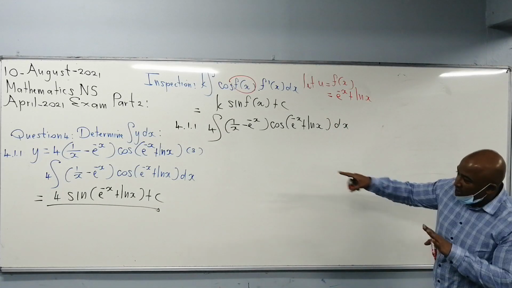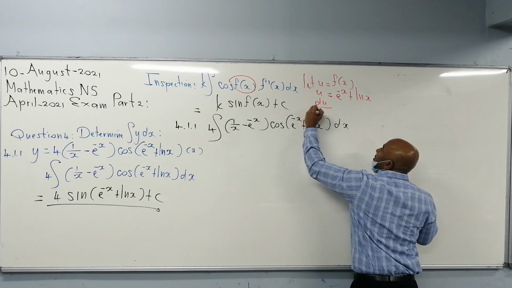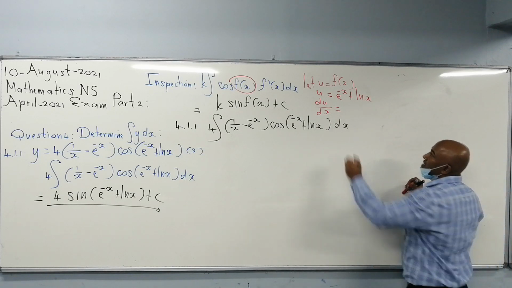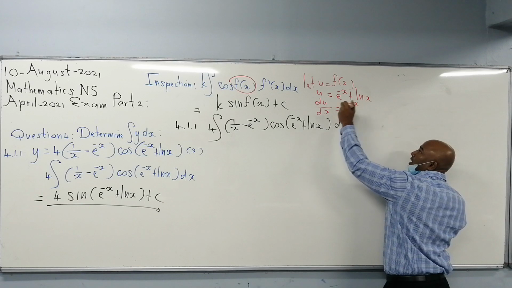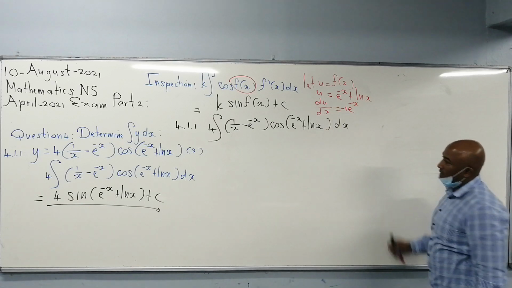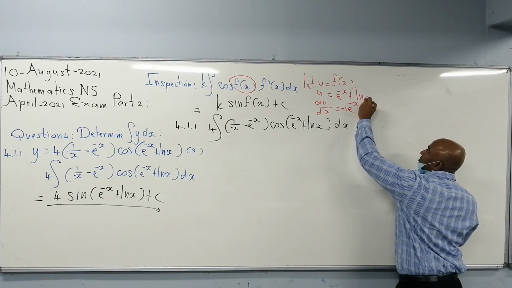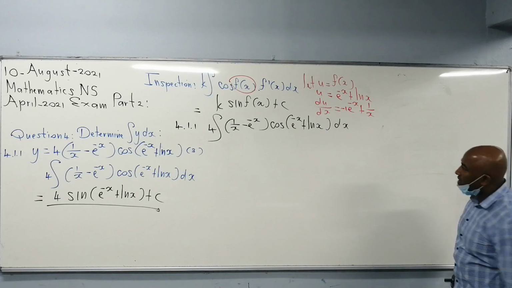Now here you'll be able to see everything cancelling. So this is my u, du over dx. The derivative of e to the power minus x is e to the power minus x times the derivative of minus x, which is minus 1, plus the derivative of ln x, which is 1 over x. So that's my du over dx.